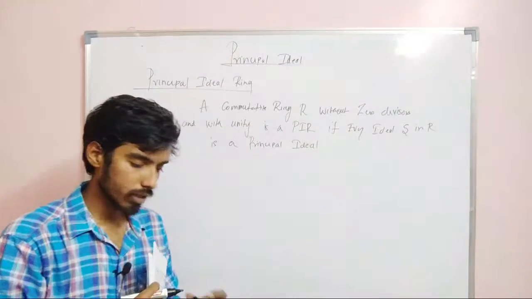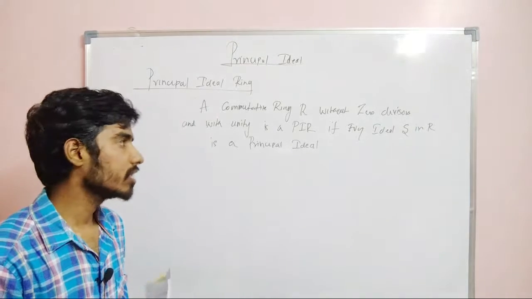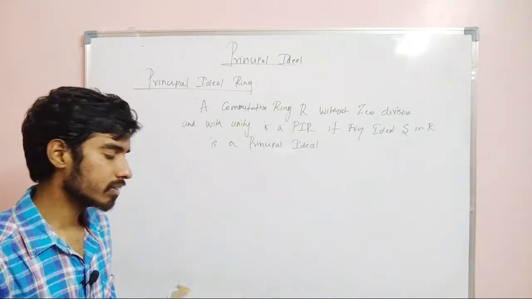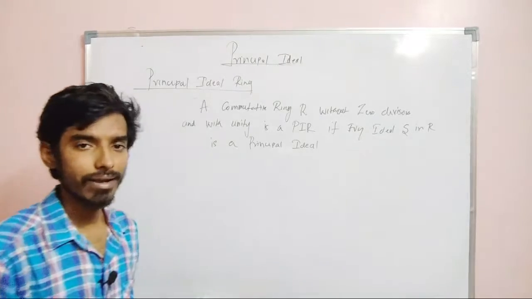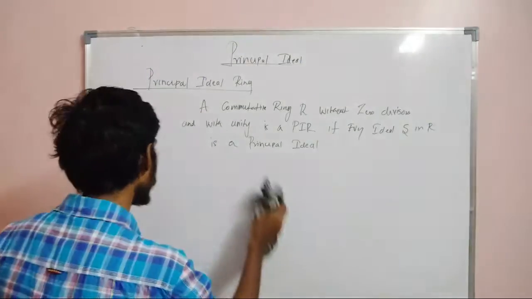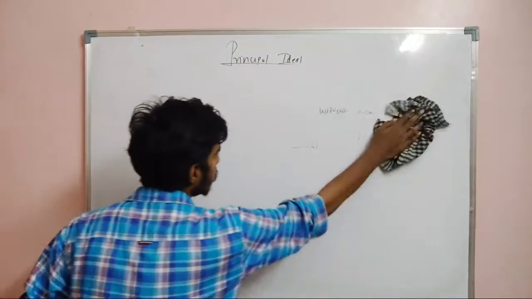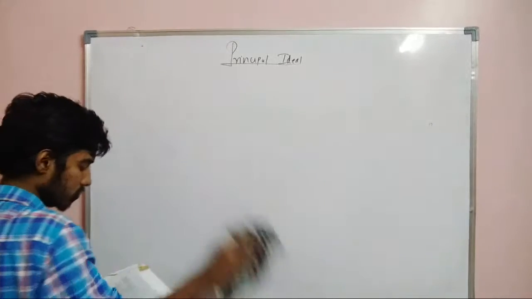That means whatever ideal you find, I can generate it with a single element. If every ideal is a principal ideal, that ring is called a principal ideal ring. Just now I have given one example: the set of all integers, where every ideal is a principal ideal.